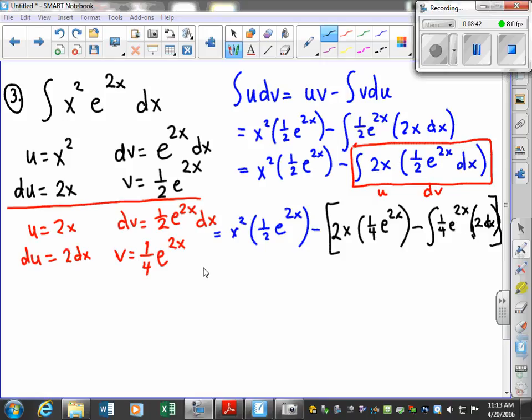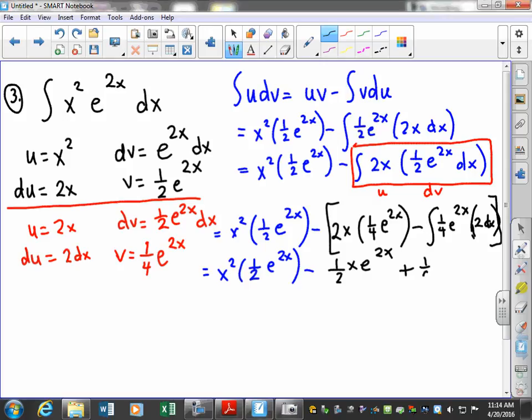Let's take our next step to simplify. Okay, I'm just carrying this one down, and for this term I have my negative. This 1/4 and this 2 simplifies to 1/2 x e to the 2x. Negative times a negative is a positive. Now, if I was willing to move this 2 and this 1/4 out front as a constant, what's that going to simplify to?